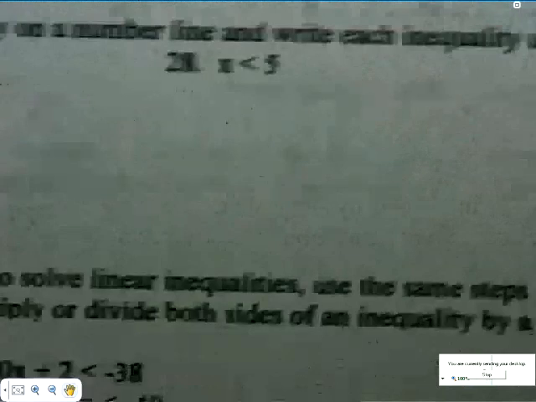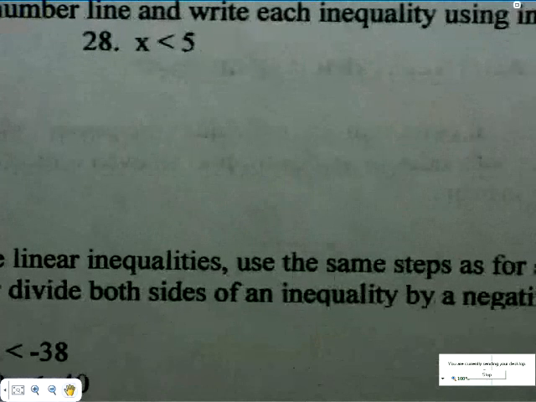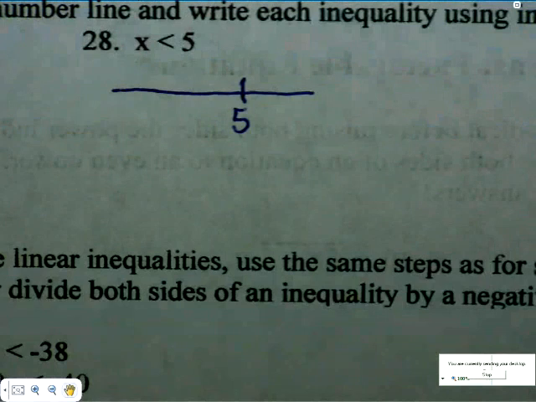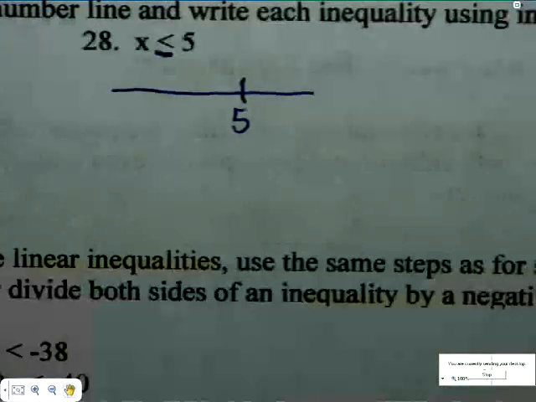All right, number 28, x is less than 5, not equal to 5, just less than. To which side of 5 would contain all the solutions to that inequality?